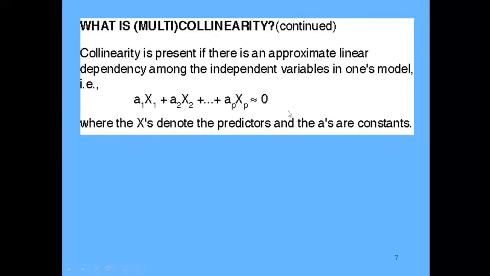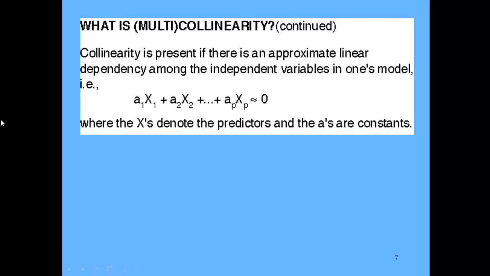Is that an equal sign? No, it's an approximately equal sign, okay? So it says this linear function is approximately equal to 0. That's another way to say what you're talking about when you're talking about collinearity.